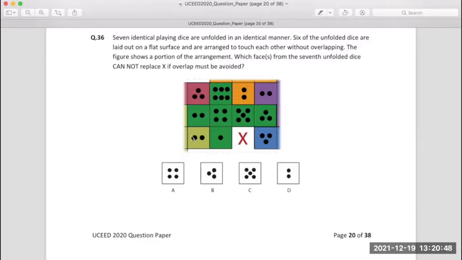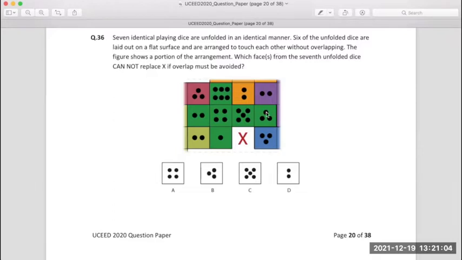Did you understand what is written? The same identical dice is opened up and placed in different arrangements, in different orientations around the green dice which is opened up.